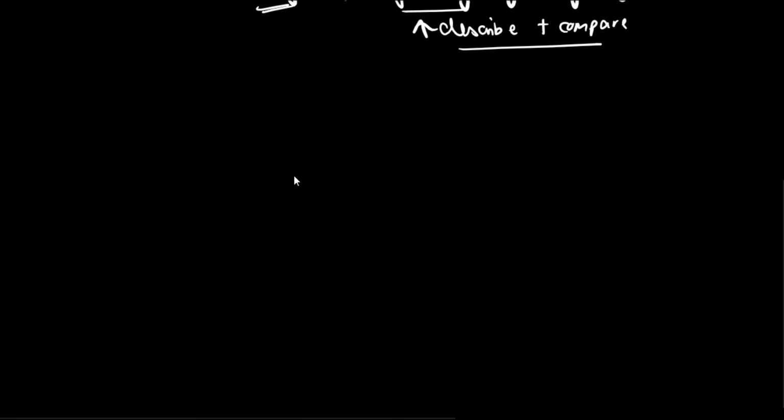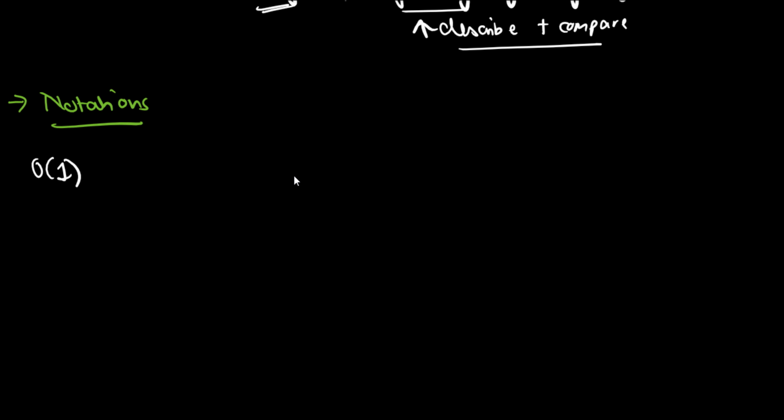Let's move to another topic, notations. What are Big O notations? How do we use them for describing the efficiency of our algorithms? For the introduction, we will take two notations: order of 1 and order of s.